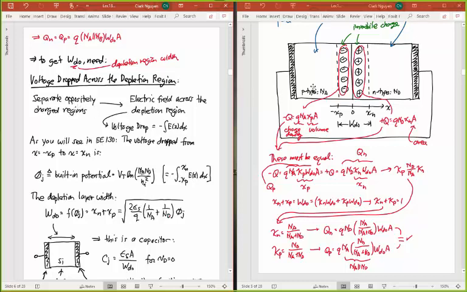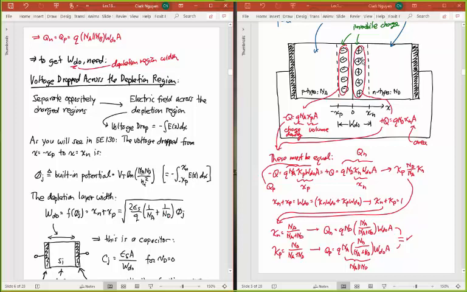But basically, because I have these oppositely charged regions, I have an electric field across these like we talked about. And anytime you get an electric field across these, you get a voltage drop across them. So what I can now do is relate this width to that electric field and to the total voltage drop across this.